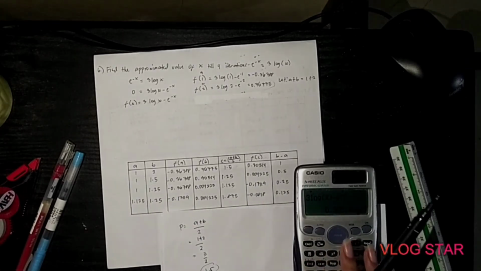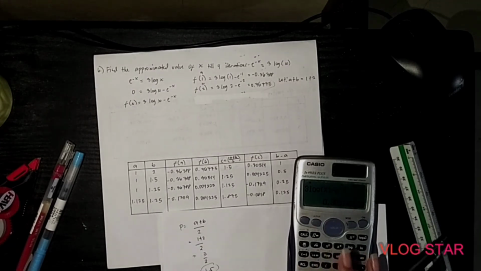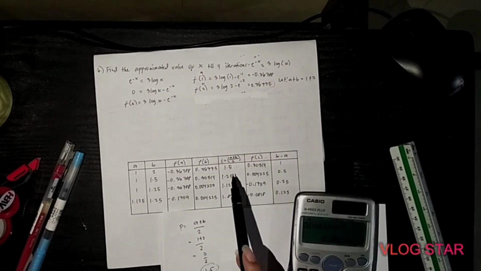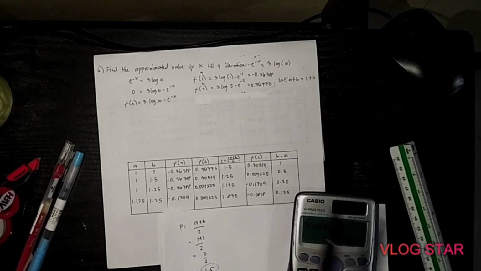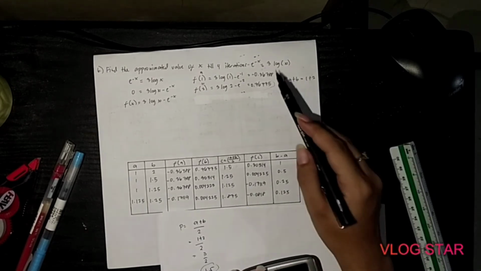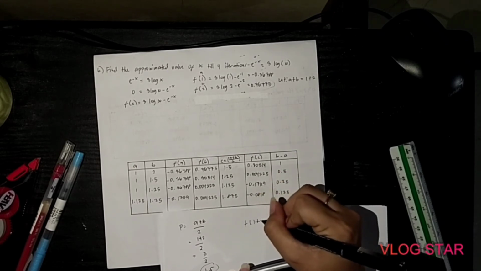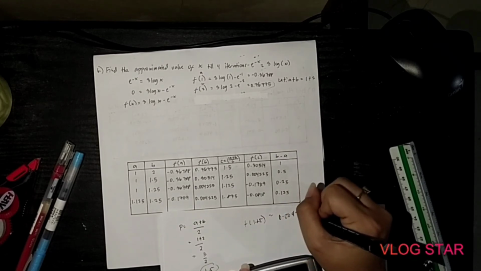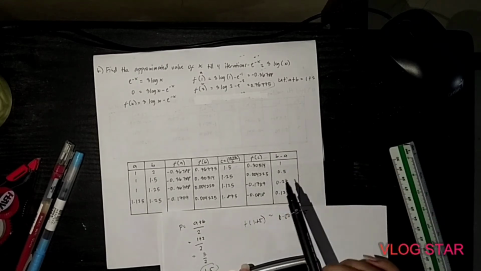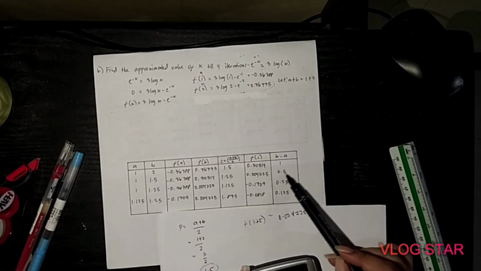And if we add a plus b, then divide by 2, this will be the result, 1.25. And if we substitute this value to the function, this will become f of 1.25. So this will be the result, 0.004225. And if we find the difference between b and a, this will be the result.